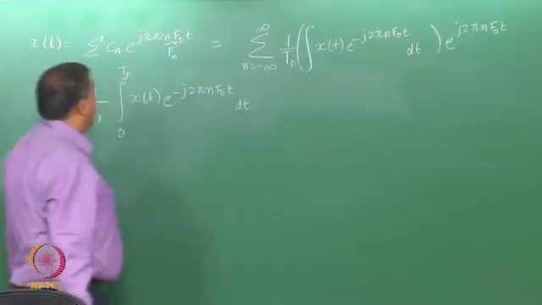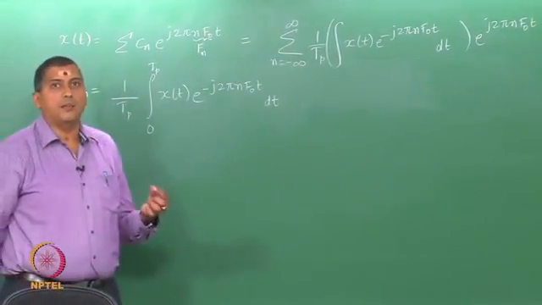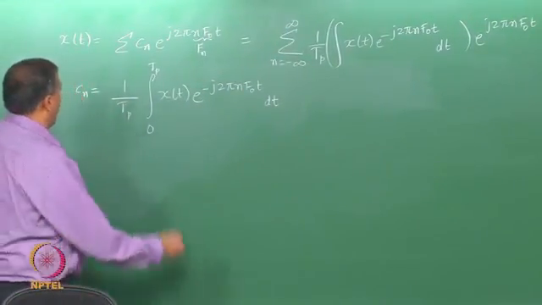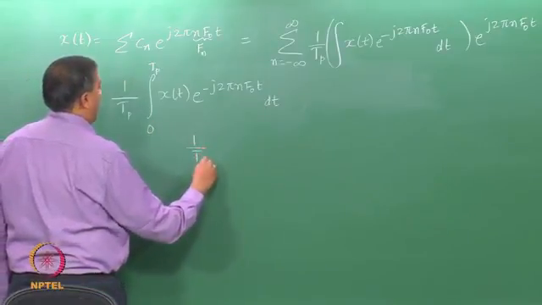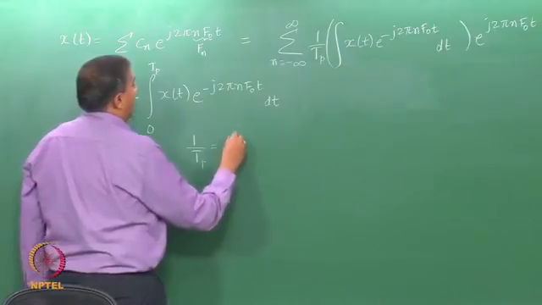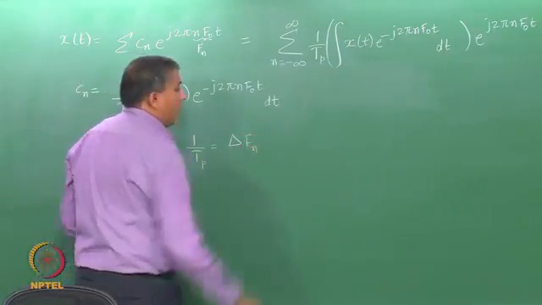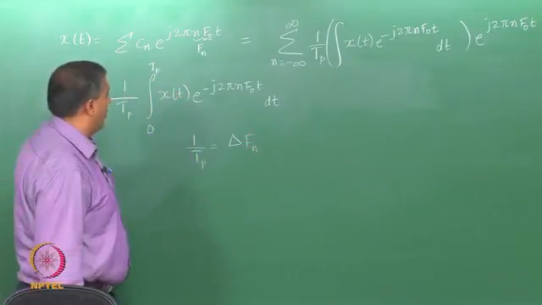We shall also introduce this notion of the spacing between two successive harmonics. This 1 over Tp is nothing but delta Fn, which is the spacing between two successive harmonics.